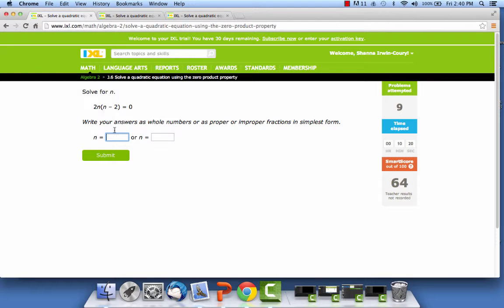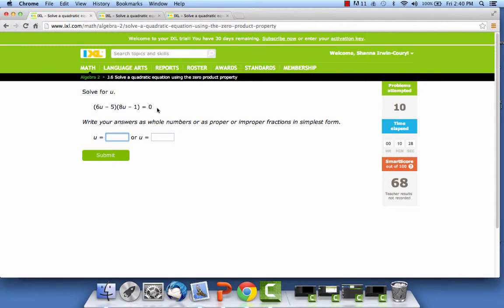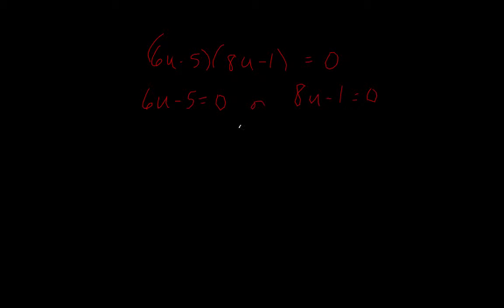Okay, so this one, 2 equals 0, or n equals 0, or n equals 2. 6u minus 5, 8u minus 1. Okay, so 6u minus 5 equals 0, or 8u minus 1 equals 0.